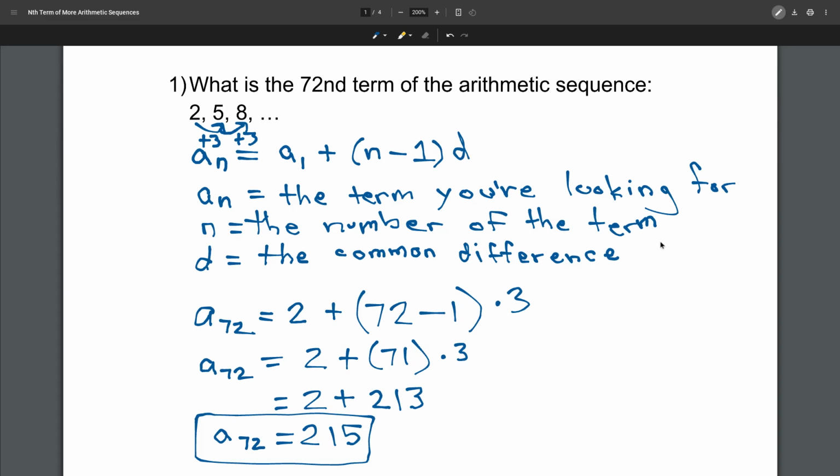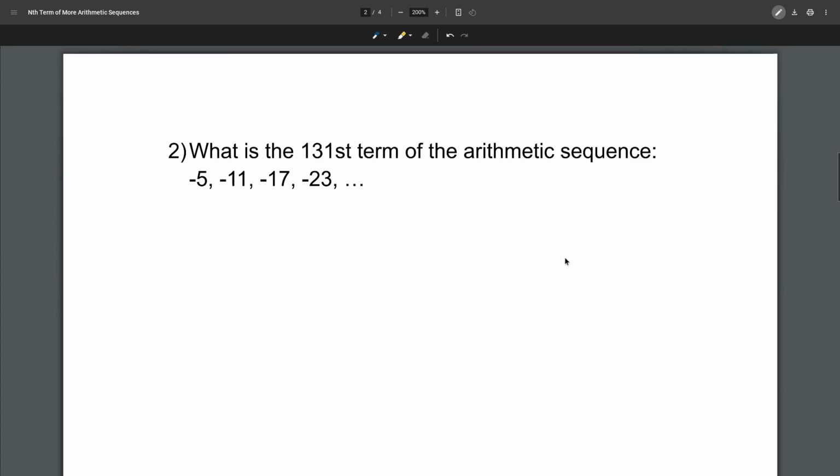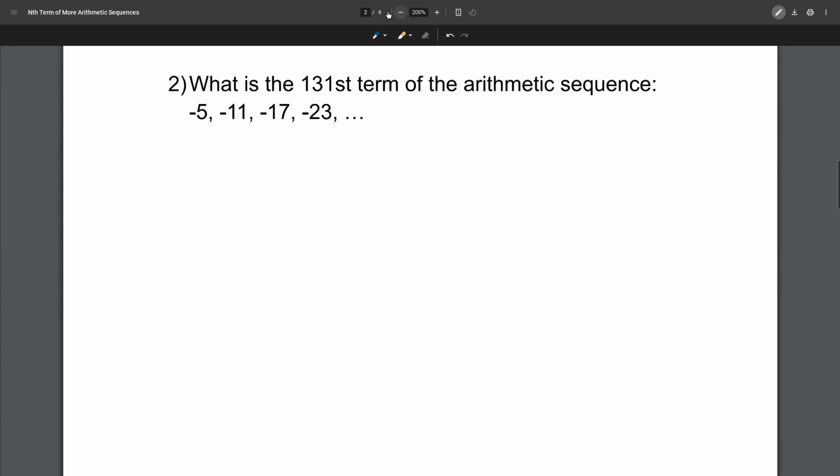Now, as we go through these, I would encourage you to pause the video, try yourself, and see if your solution matches mine. Let's try another one. Okay, so in problem 2, what is the 131st term of the arithmetic sequence? We go from -5 to -11, so we're increasing negatively, which really means we're decreasing.